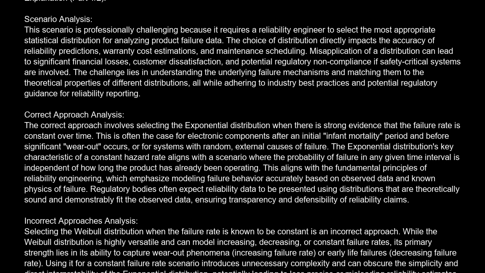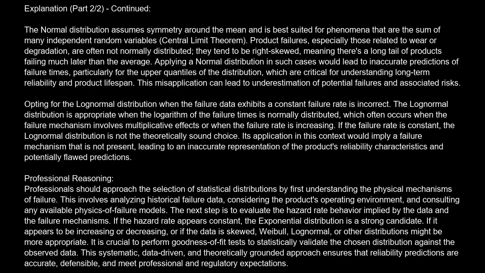Choosing the normal distribution when the failure data is skewed and does not exhibit a bell-shaped pattern is also incorrect. The normal distribution assumes symmetry around the mean and is best suited for phenomena that are the sum of many independent random variables, central limit theorem. Product failures, especially those related to wear or degradation, are often not normally distributed.